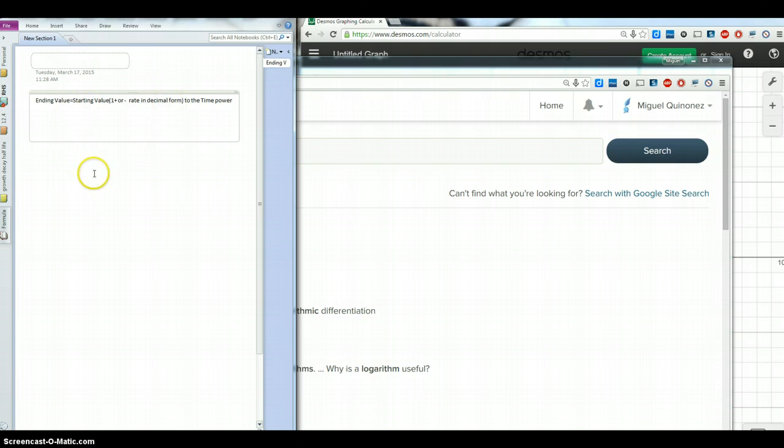So what I want you to do is create a problem, and I'll model it for you a little bit, and then you can create your own, where you have starting value, ending value, and all that. So here's the easy one. Ending, if you know that your starting is 250, and rate is, I don't know, 7.5%.